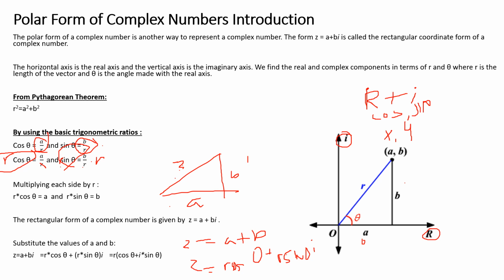Instead of cosine squared plus sine squared equals 1, it's r cosine for the real number, and then r sine times the imaginary number. All we've done here is just rearrange this into complex numbers.